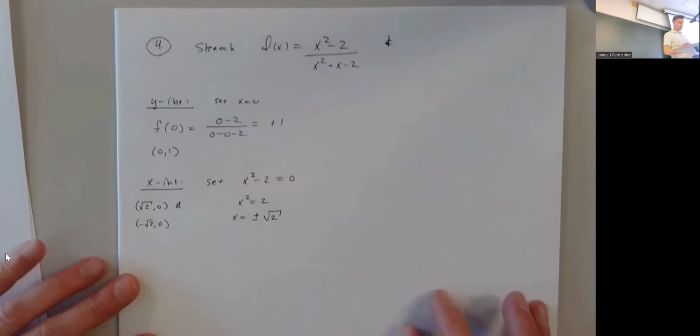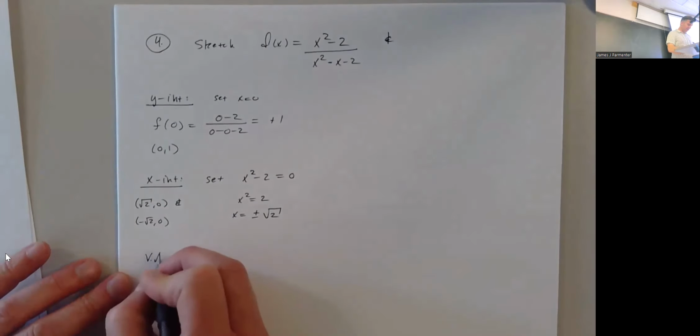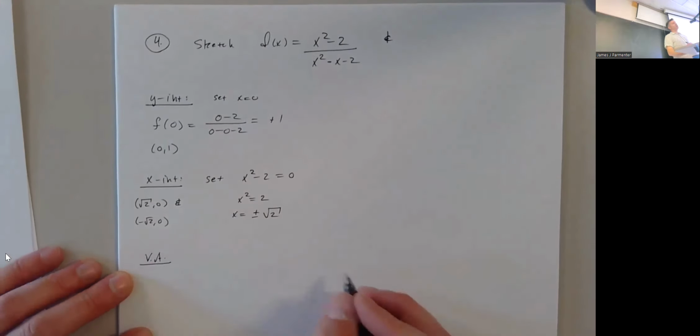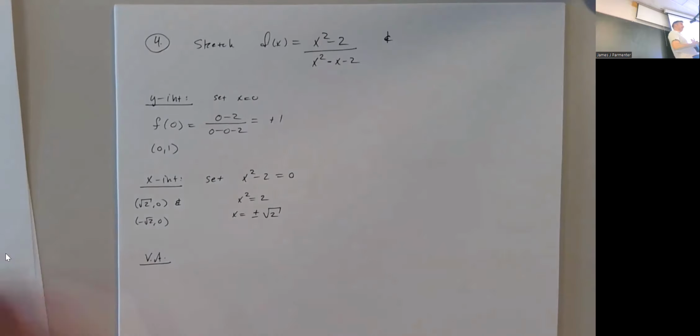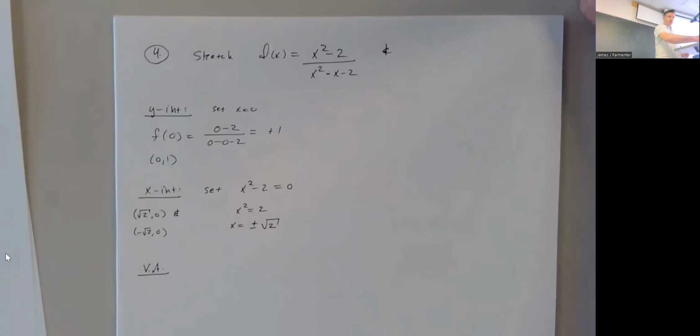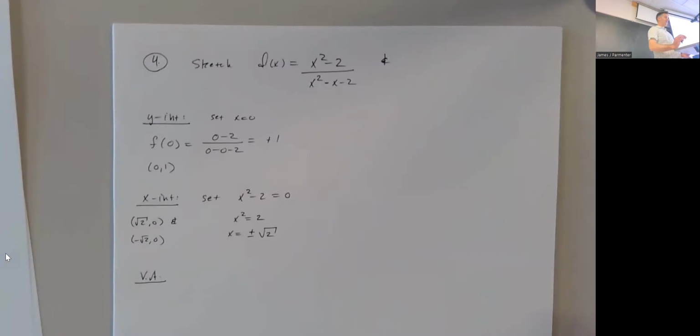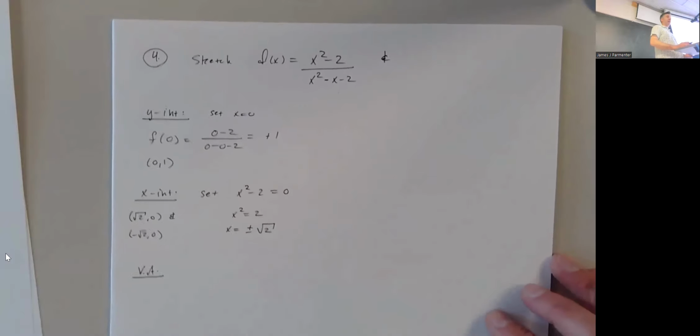Now let's take the asymptotes. For the vertical asymptote, we find, oh, you know what I should have done before I did any of this? I know it's not going to play a role here, but technically before you start graphing any sort of rational function, it's usually a good idea to factor the numerator and the denominator and make sure you don't have anything that cancels out. It's definitely not going to happen here because the numerator isn't factored in a nice way.